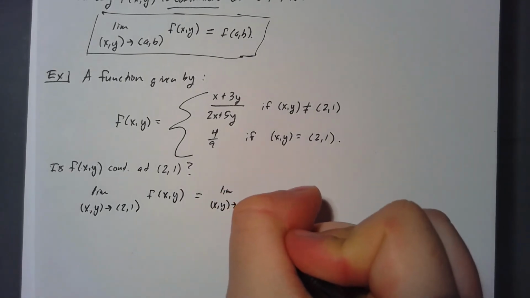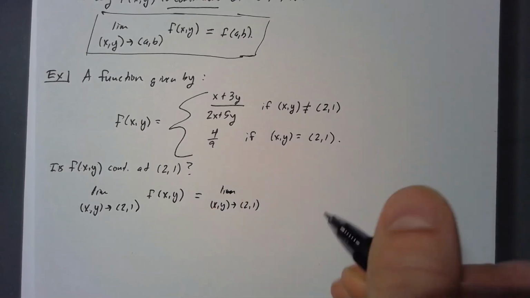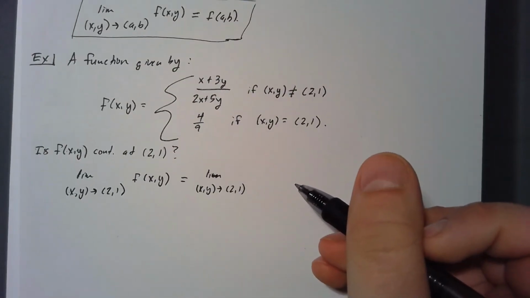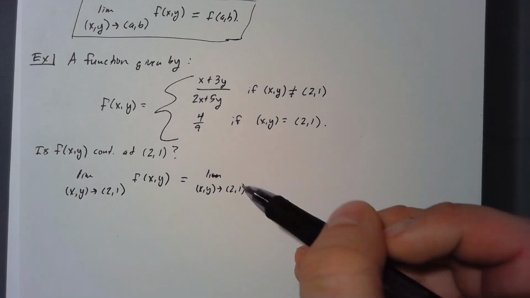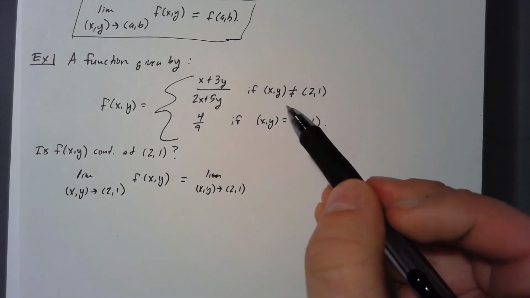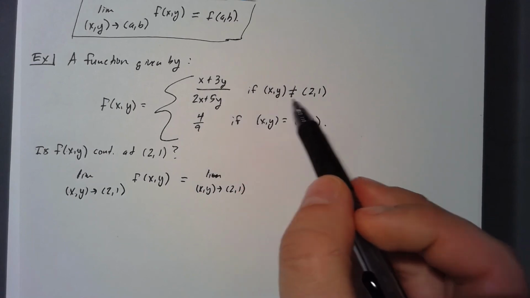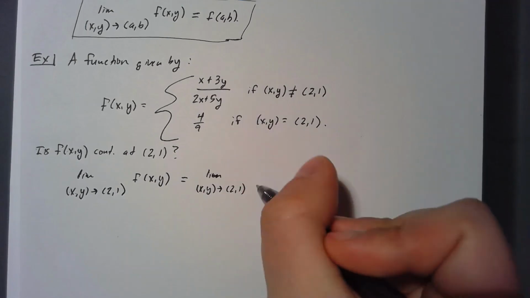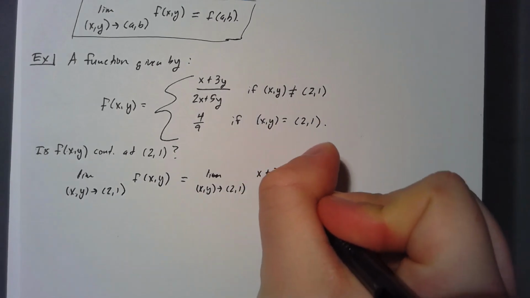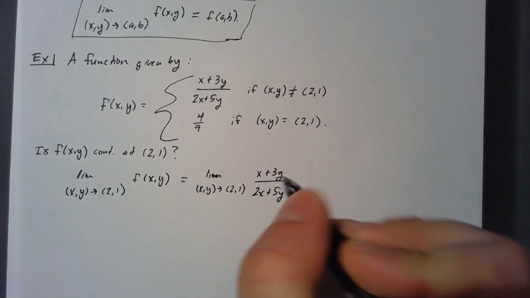I know it gets a little tedious writing this whole thing, but it is what it is. If I'm approaching 2, 1, that means I'm using the top part, right? Because I'm approaching it, but I'm not equal to it, and that's what this is saying right here. So I'm taking the limit of this function.